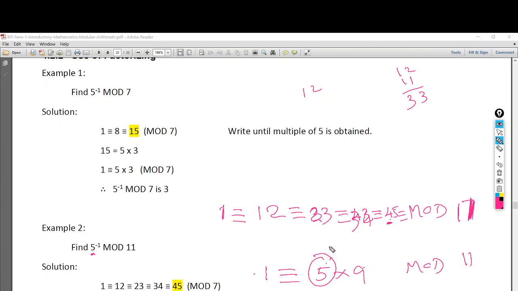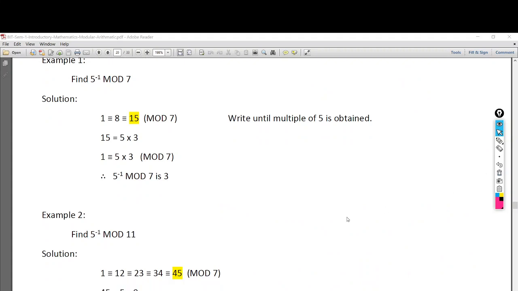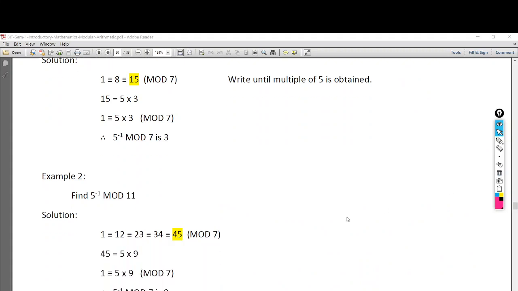So the inverse of 5 must be 9. So that can be done. Again, if it is a very big number you have to spend a lot of time, but this is very intuitive to understand the real meaning behind inverse.